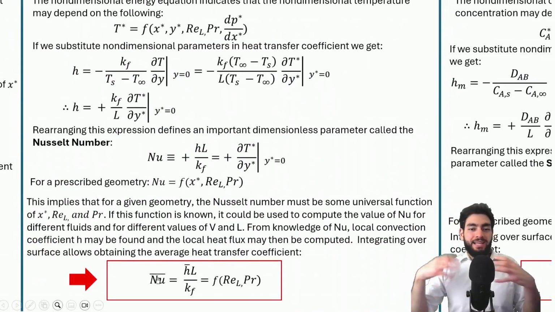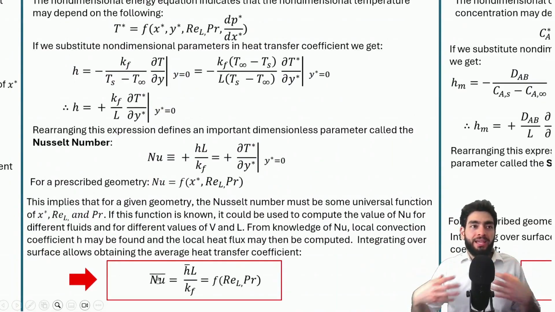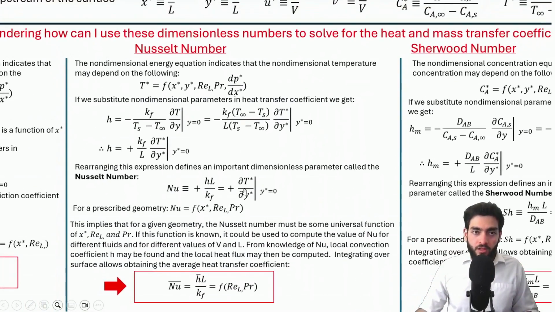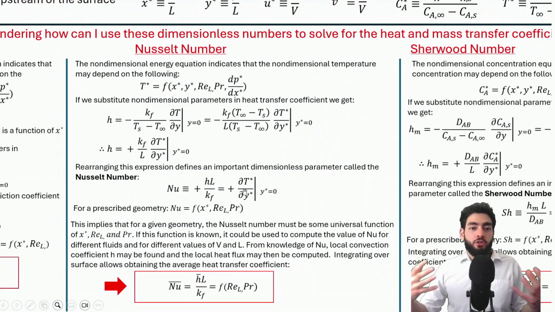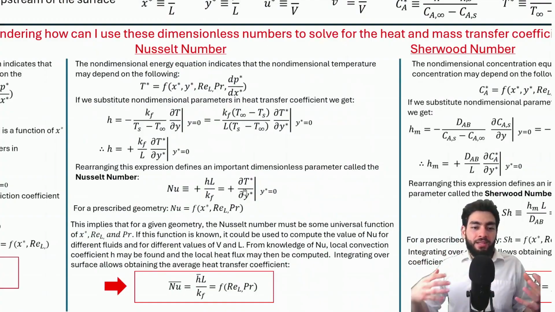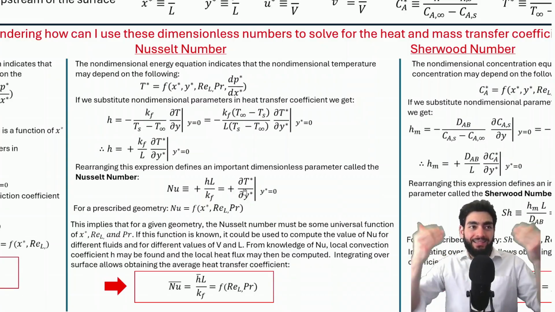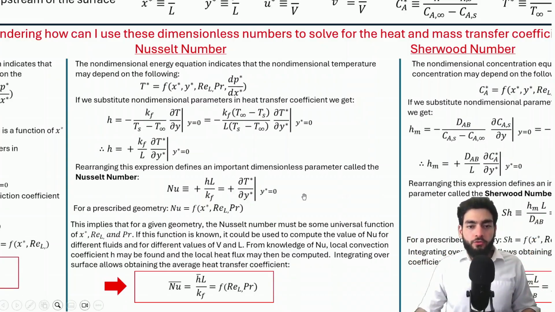And that is what you're going to be doing in a lot of the heat transfer problem statements. So in the future sections, you're going to see that you'll be given Nusselt number correlations for a lot of different geometries that you could use to calculate the average heat transfer coefficient.